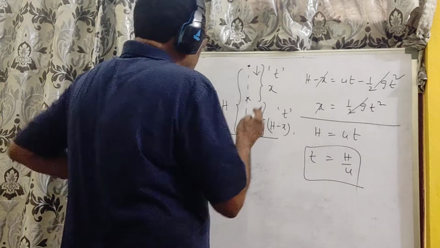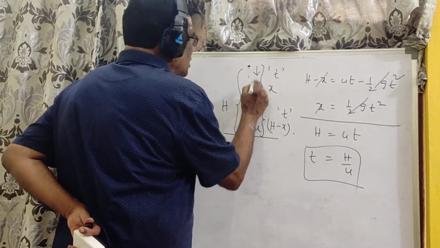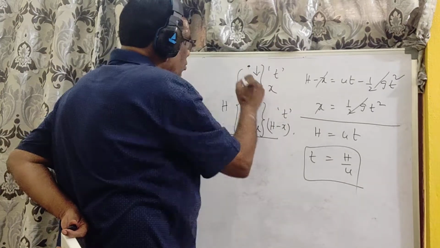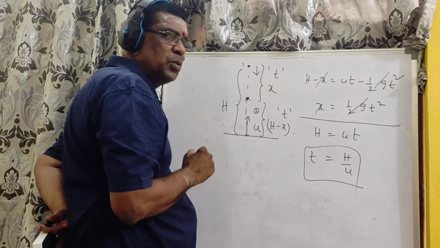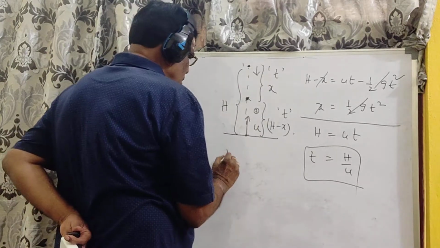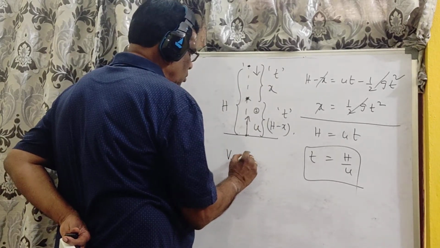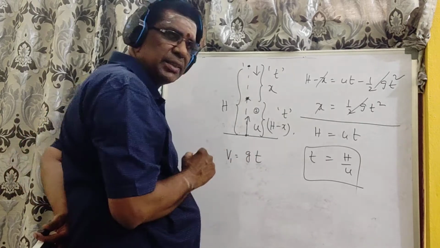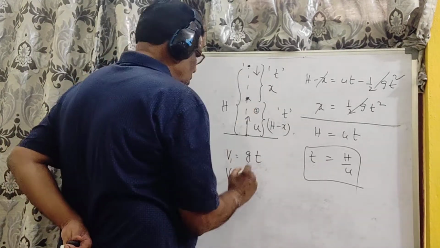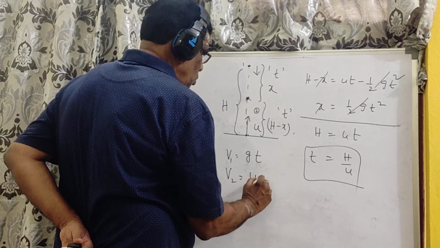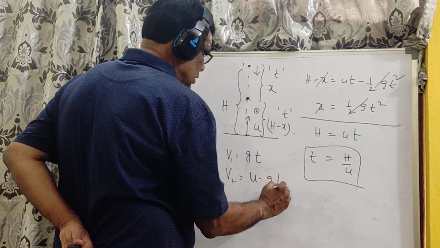Incidentally, by this time, what is the velocity of this? We will call it body number 1, and this body number 2. So how do you write that? V1 is equal to u plus at. V2 is equal to u minus gt.